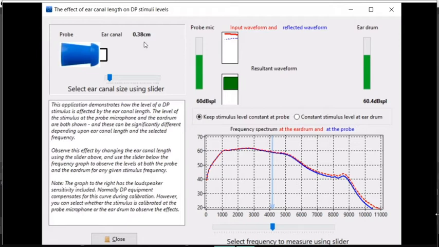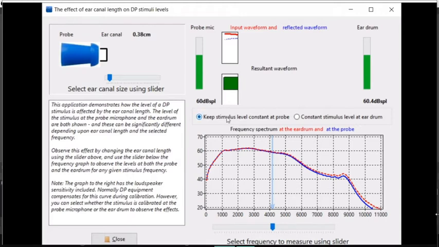And then in the bottom right hand side, we've got a frequency spectrum, which is derived from the stimulus in the ear canal, and the red dotted line is the energy that's delivered to the tympanic membrane. So that's the frequency spectrum at the tympanic membrane, and the blue line is the spectrum at the probe. And when the ear canal is very small, those two lines are very, very similar.